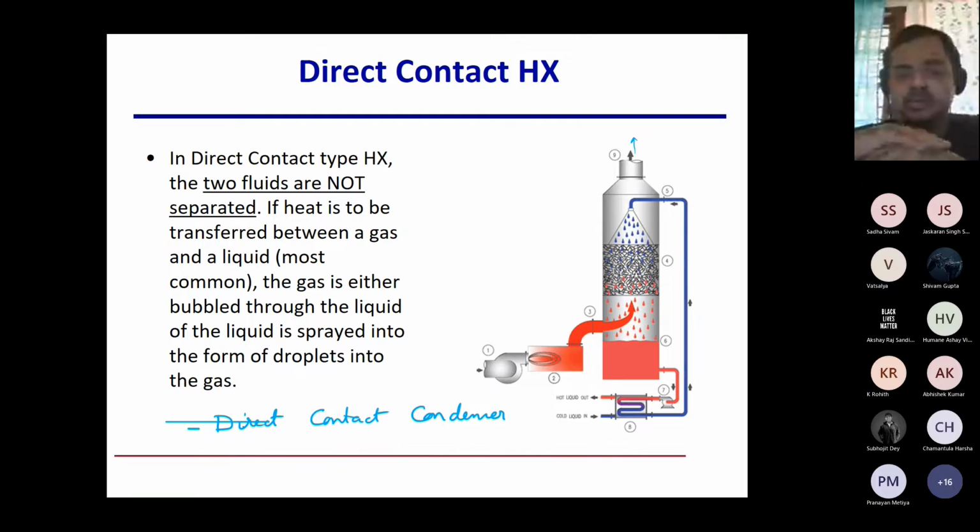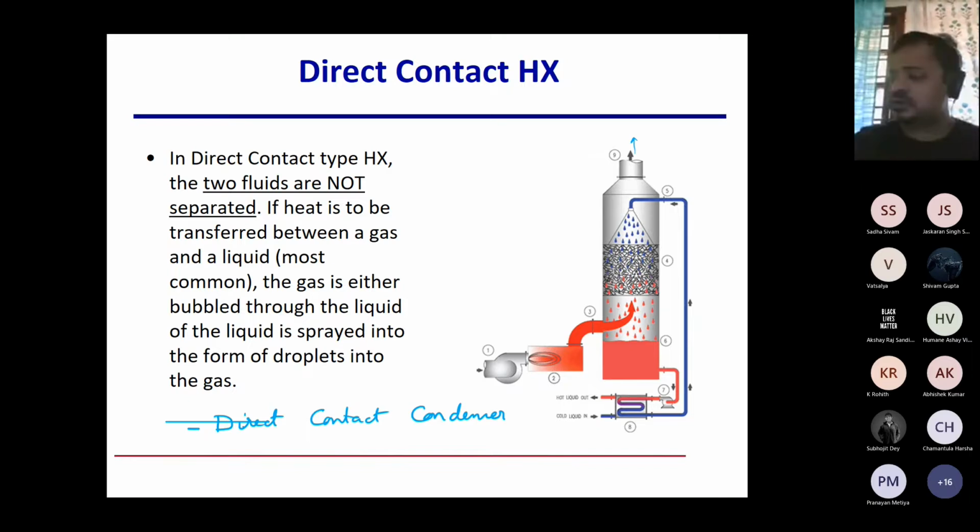And you spray water from the top. And you adjust the flow rates, temperatures, everything such that the steam actually condenses. It not only cools down, but it also condenses.